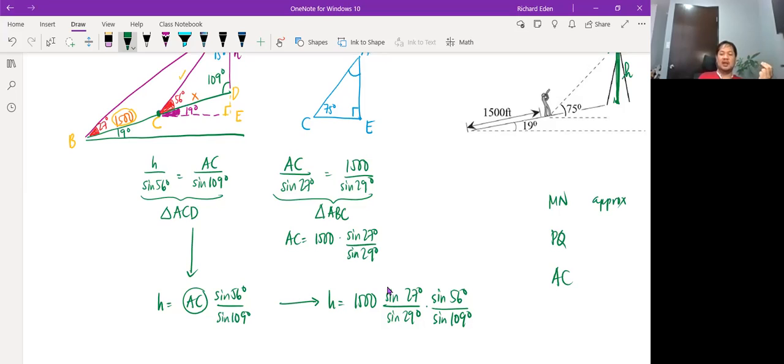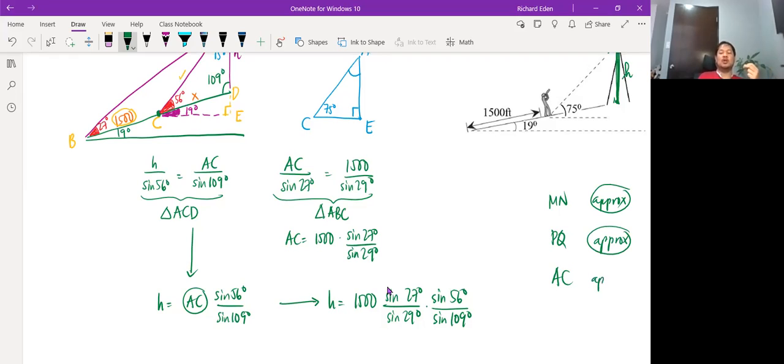When you use an approximation for MN as input to figure out the length of PQ, that's going to be a much weaker approximation, because you didn't really use MN, just an approximation for it.